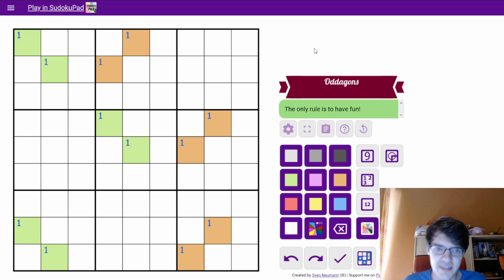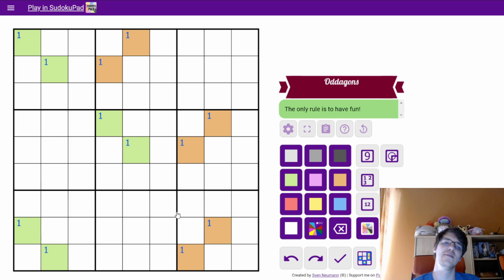And we can see that we have the green orientation 3 times and the orange orientation 3 times here. So we have an odd number of both of these orientations, and that is the condition for when this is broken.